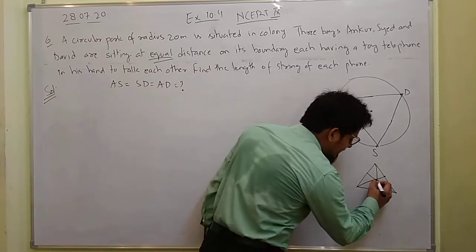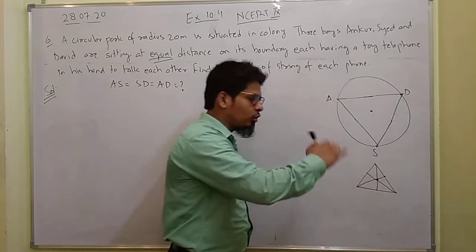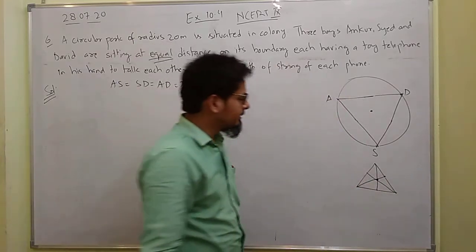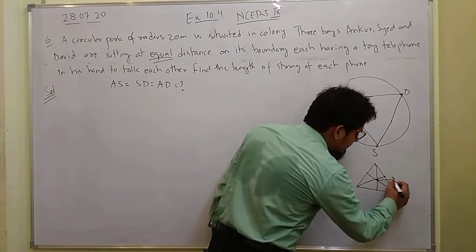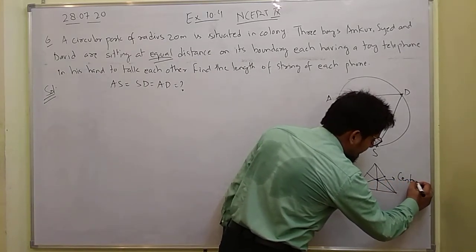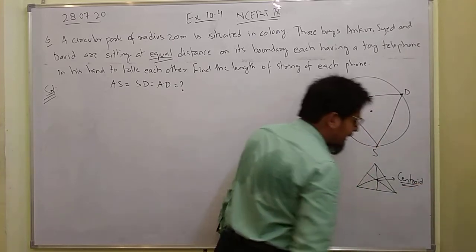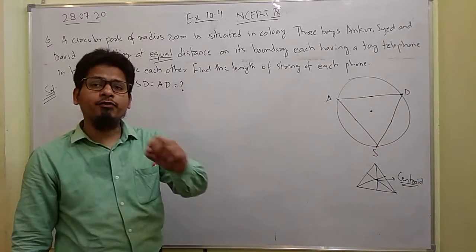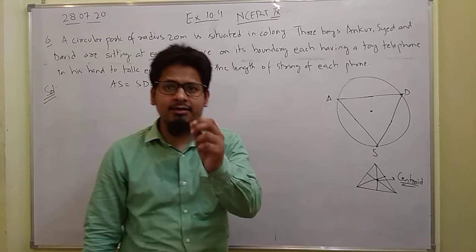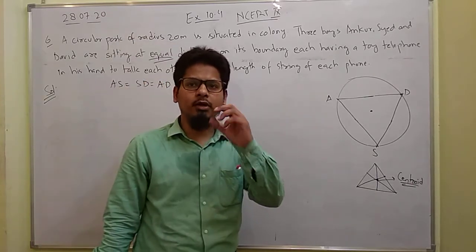And the intersection, this is the point where all the medians intersect. This point is called the centroid of the triangle. And what is the centroid? The centroid is the center of gravity of the triangle. It is the center point of the triangle, right?